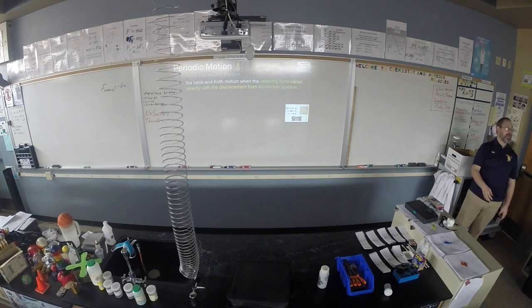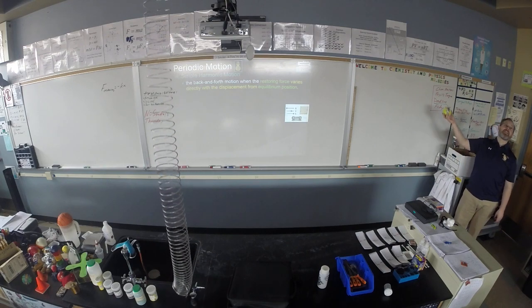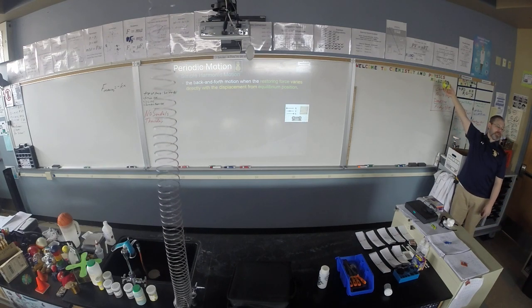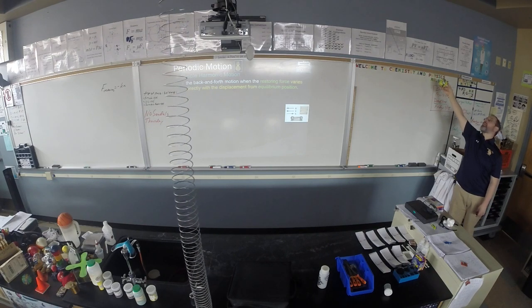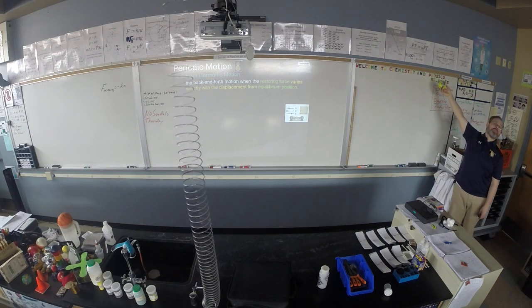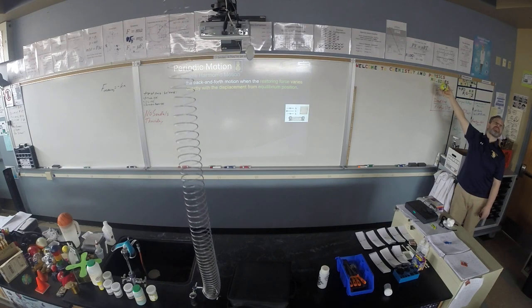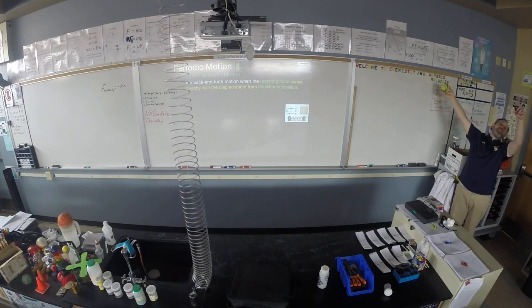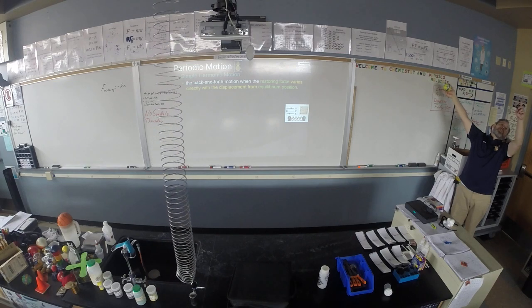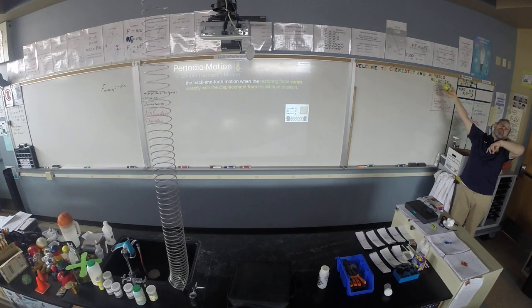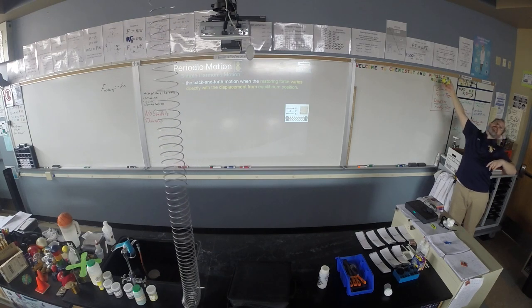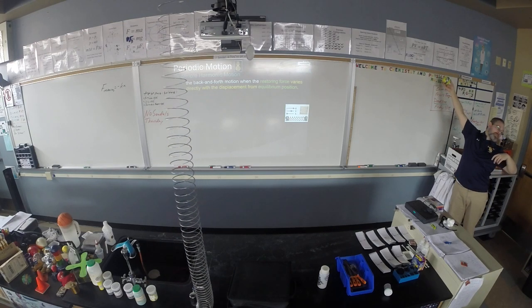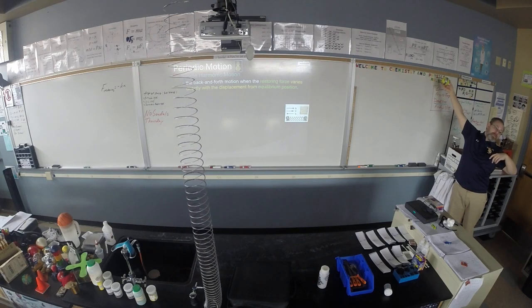In fact, if I was able to lift this up to near 90 degrees, its acceleration would just be what? Yeah, g, it'd just be g, if I could get up there. As it is, all you really have to do to find the instantaneous acceleration is look at that angle, and then take a trig function of that angle. Which trig function should you use? Sine? So when the angle is 0, it's g. So is it sine or cosine?